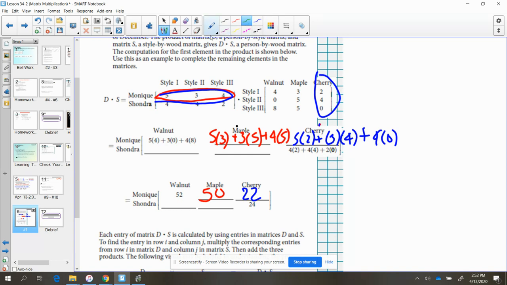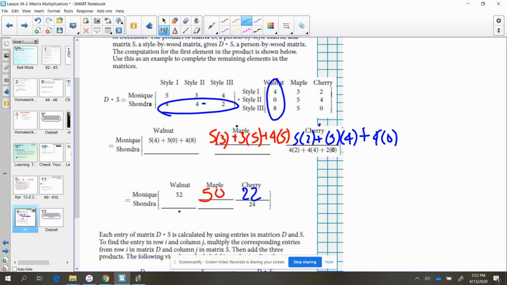This next one, again, I'm going to erase here so we can keep it a little clear as you follow along. We're going to look for now the walnut strips for Chandra. So we want row 2, column 1. So we're going to take row 2 times column 1.